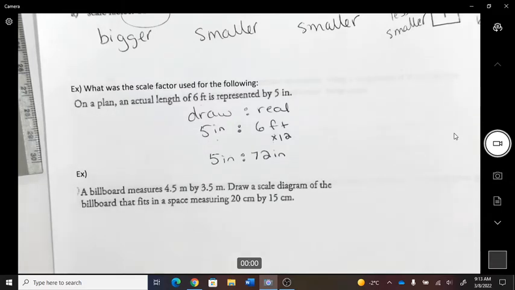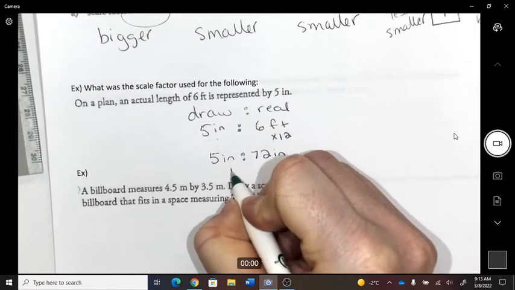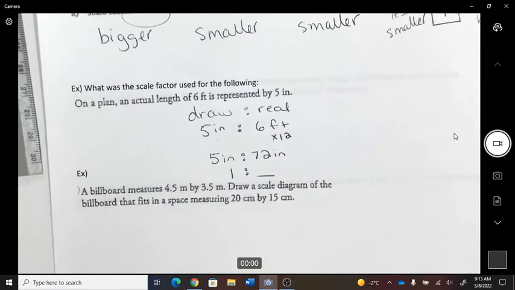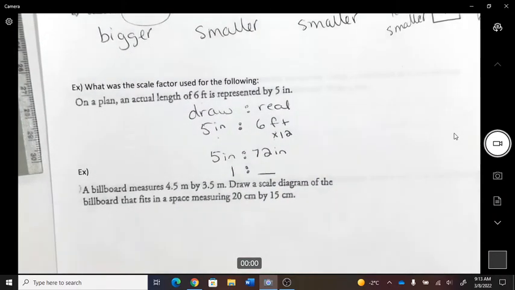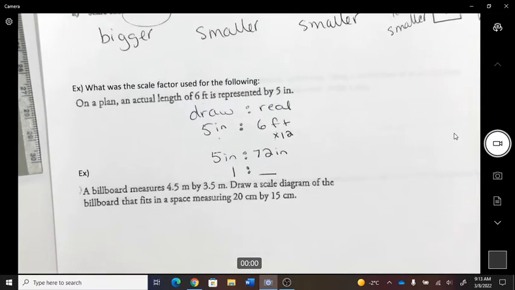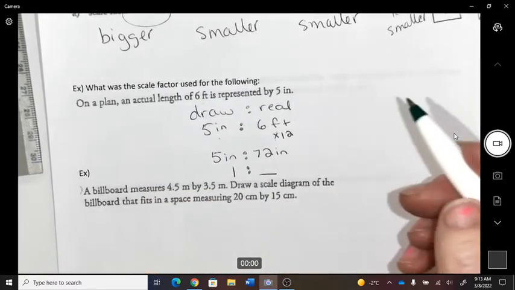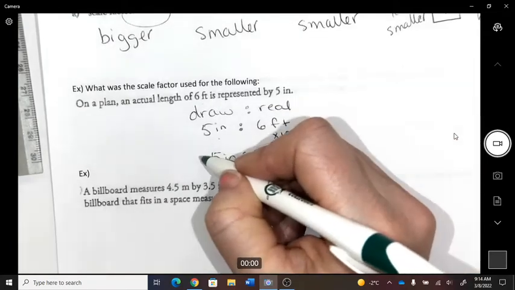Okay, now I'm going to change the smaller one to a 1. So what is the ratio? 1 to every 1 inch is how many inches? So I'm going to do this. And I'm going to divide.